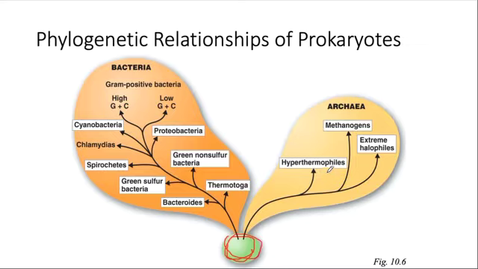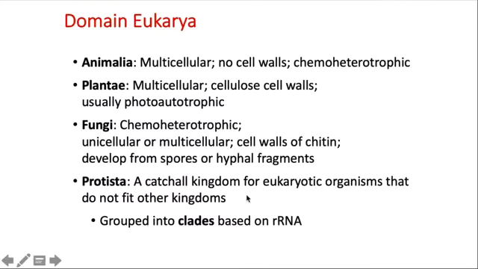The two are more related than eukarya is related to either of them. You will notice that we can use the content of guanine and cytosine in terms of the nucleotide base pairs to actually group gram-positive bacteria. Pretty cool.